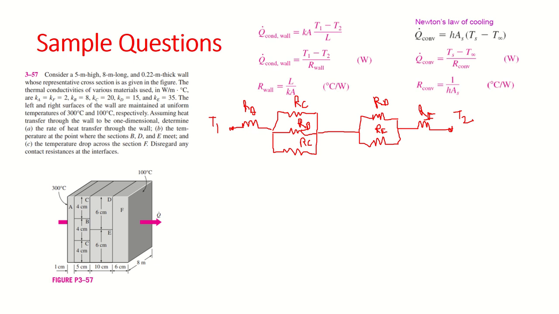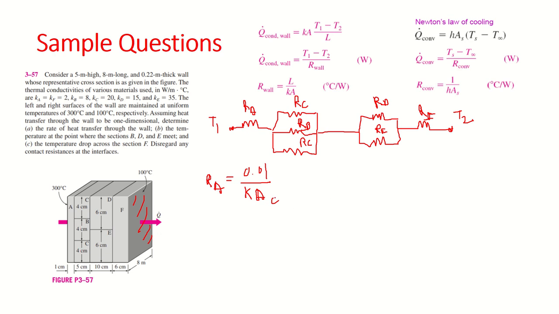Now let's start. In A, we have the conduction mode of heat transfer. So RA is L over KA. What is L? It's 1 centimeter, right? So 0.01 over K multiplied by the cross-section area. The cross-section area is 8 meter by the height of the small element, which is 4 plus 4, 8 plus 4, 12 centimeter.